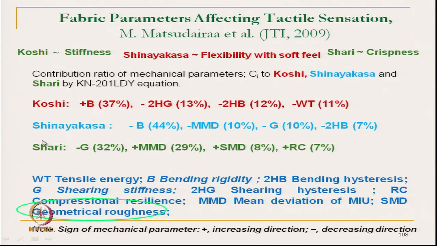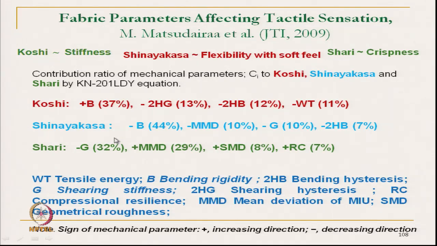Let us see Shinayakasa. It is flexibility with soft feeling. The maximum contribution is from bending rigidity, but in the opposite direction. Here we are talking about flexibility, whereas Kochi was about stiffness.